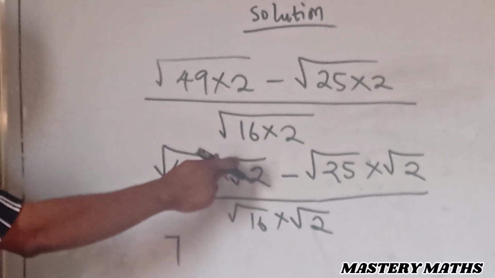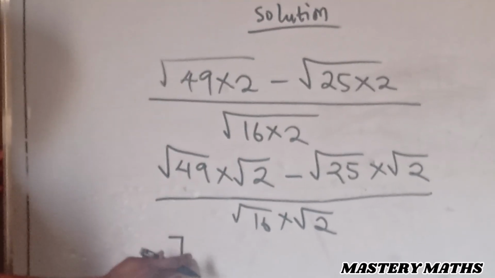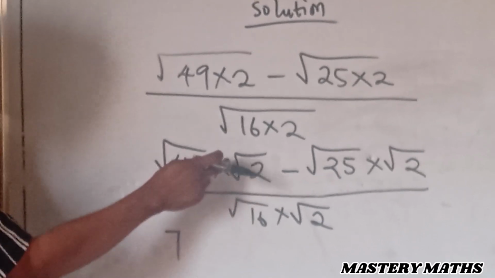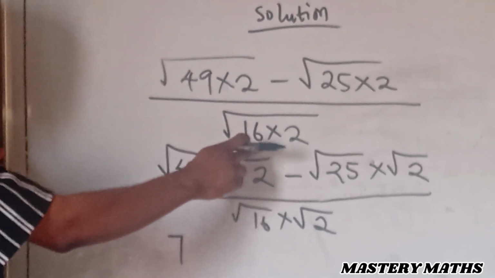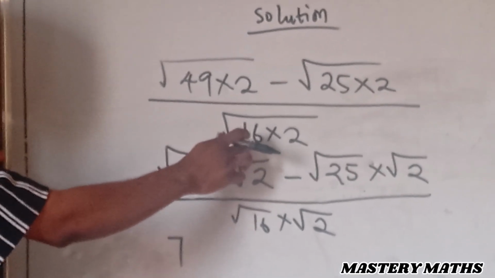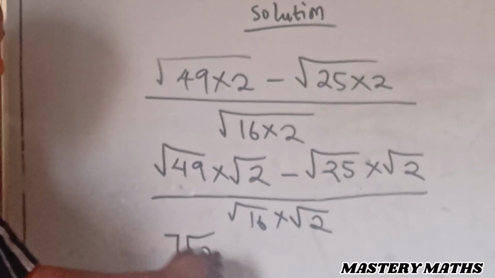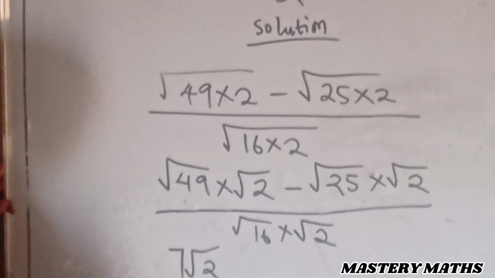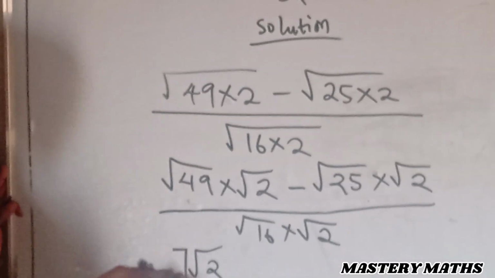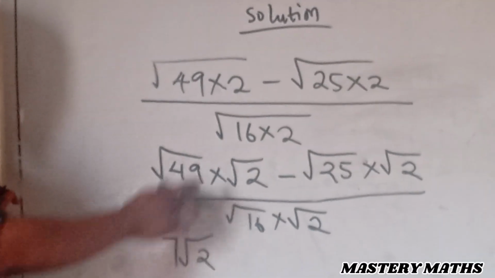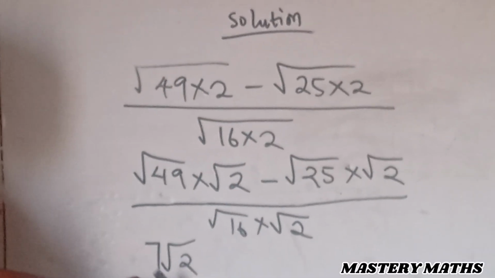There's an invisible 1 here, an invisible 1 root 2. So 7 times that 1 root 2 will give us 7 root 2, because the square root of 49 here is 7.